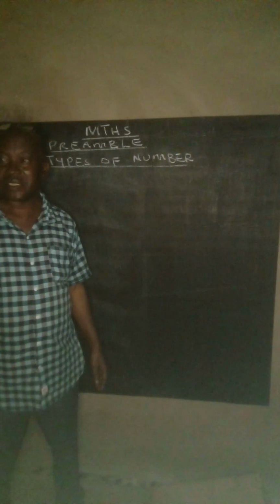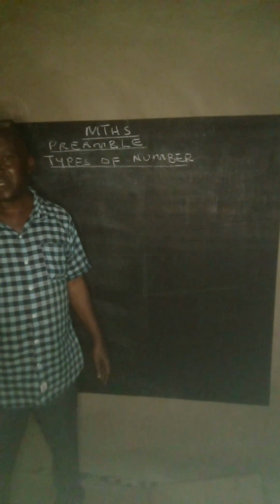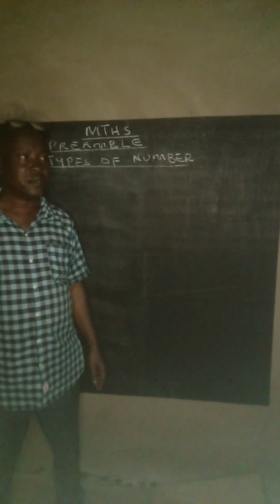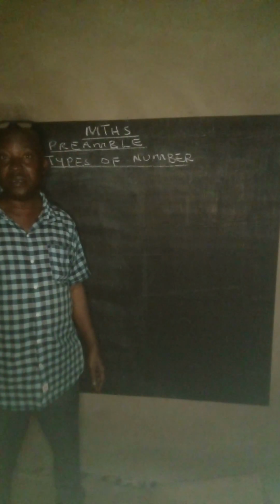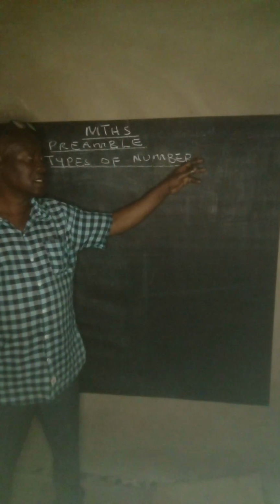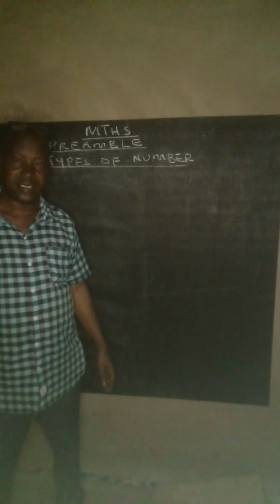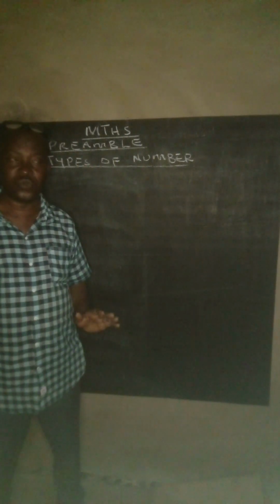Understand the numbers before you start carrying out exercises in mathematics. Now, when you talk about numbers, you will need a classification of numbers into various types. That is the first thing you need to know.